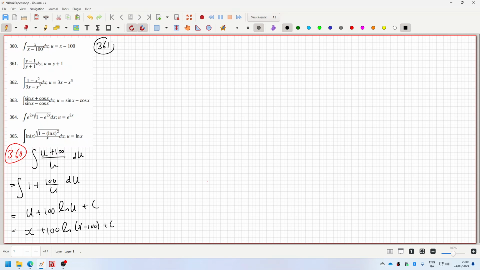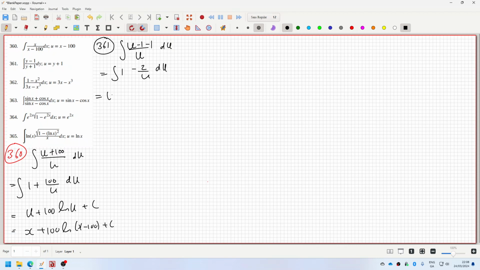361. So again, on the top, y is u minus 1, so it's u minus 1 minus 1. And on the bottom, y plus 1 is u, and dy is equal to du. So this would be u over u, which is 1, minus 2 over u, du.